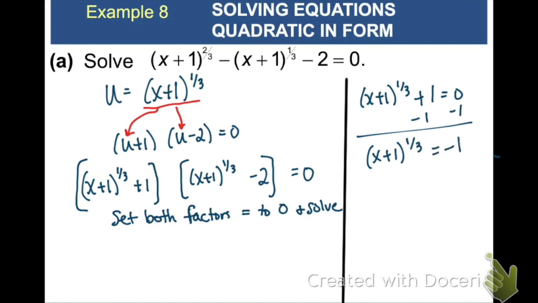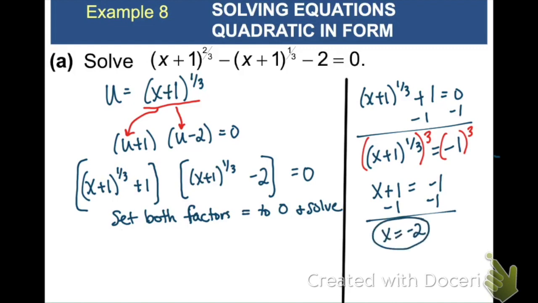And now we need to get rid of our exponent of 1/3. The way that we get rid of exponents is we raise it to the inverse. The inverse of 1/3, if you flip 1/3, you get 3/1 or just 3. So I'm going to raise each side to the 3rd power. That cancels out my exponents because they multiply to 1. And then I have an easier equation to solve.